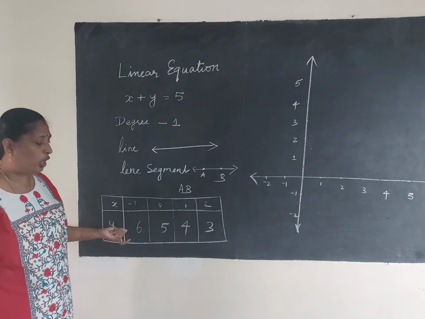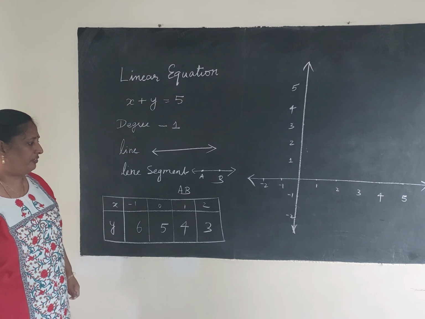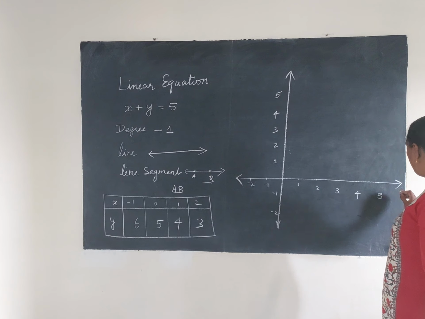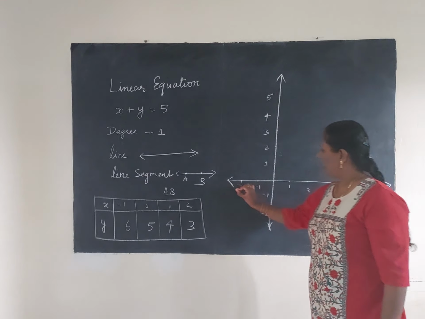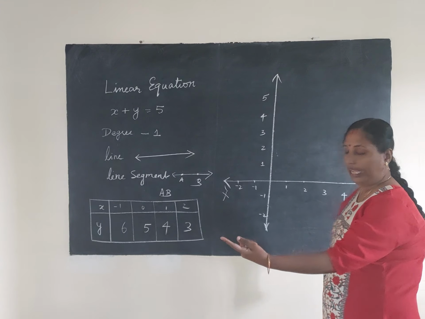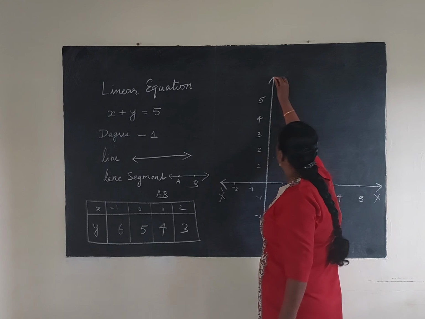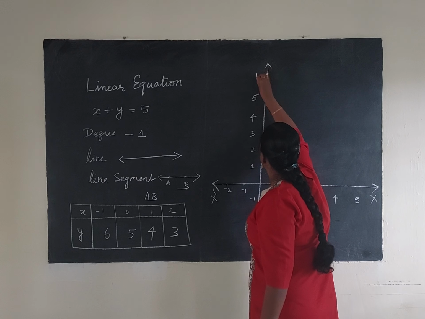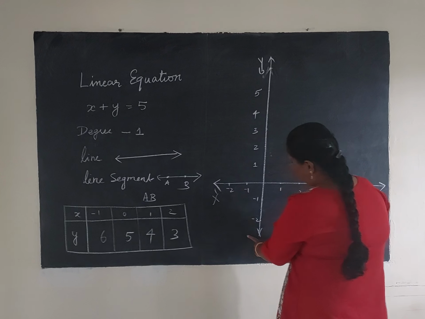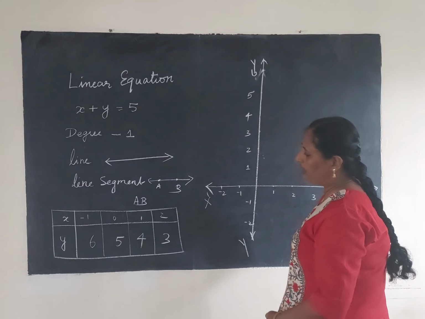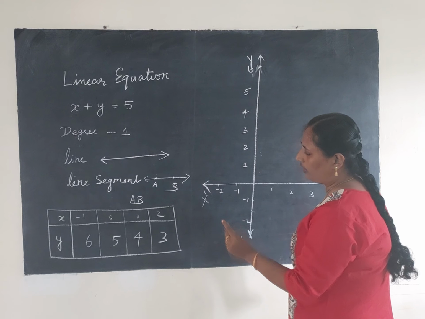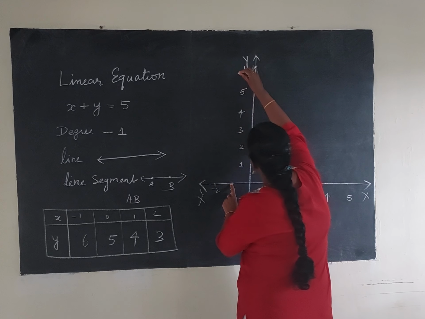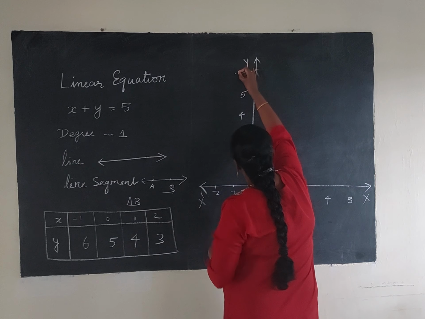Now, we are going to plot these points in the graph. How to plot it? Here, in this graph, this is the x-axis and this is x dash, the negative part of x, and here we have y and here is y dash. The first point is minus 1 comma 6. Minus 1 here and 6 is here.